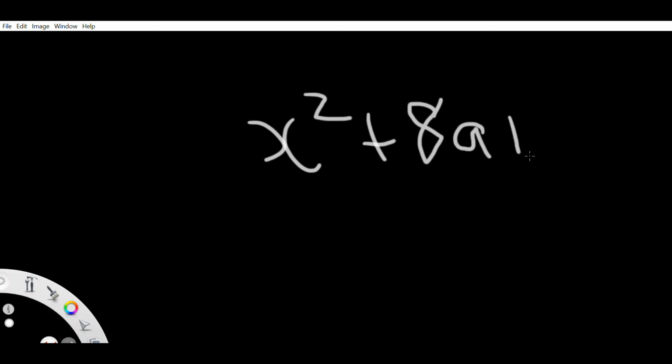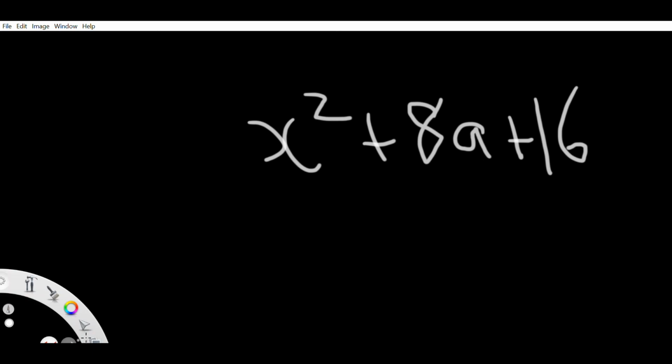Suppose we're told to do the opposite, which is to find the binomial of a trinomial. Suppose we have x squared plus 8x plus 16. The way we would solve this one is, first you need to look at what numbers can make this up and when multiplied by each other make this.